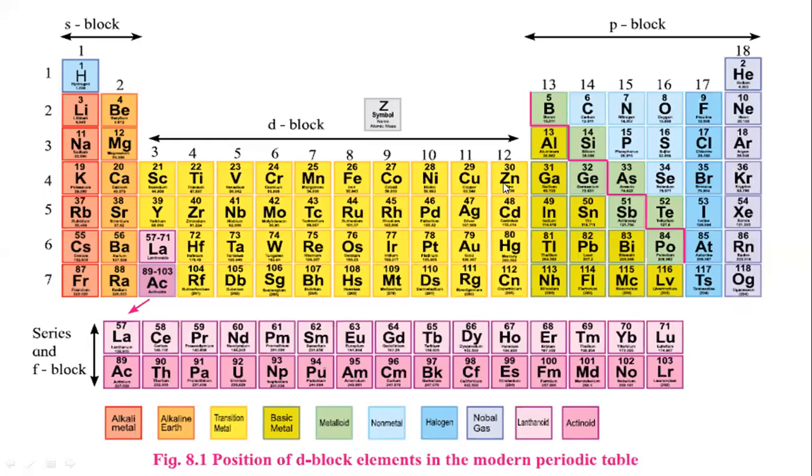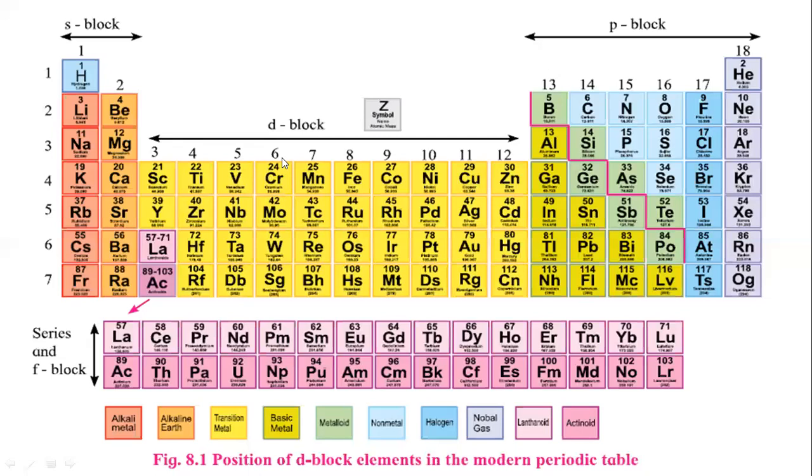I also gave the hint how to remember: scandium, titanium, vanadium, chromium, manganese, iron, cobalt, nickel, copper, and zinc. Out of these elements, it starts from 3d1, then 3d2, 3d3, 3d4. Actually, it should be 3d4, but this chromium and this copper show exceptional behavior because to obtain extra stability, one electron from 4s is shifted.